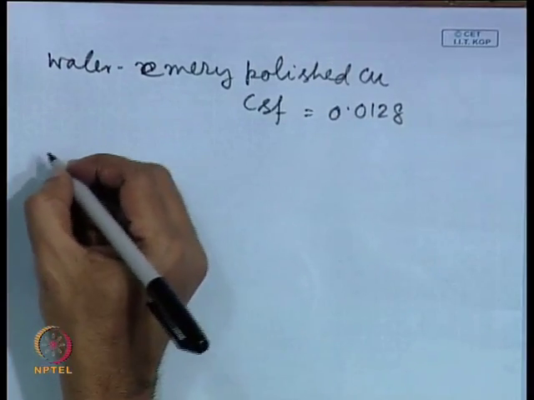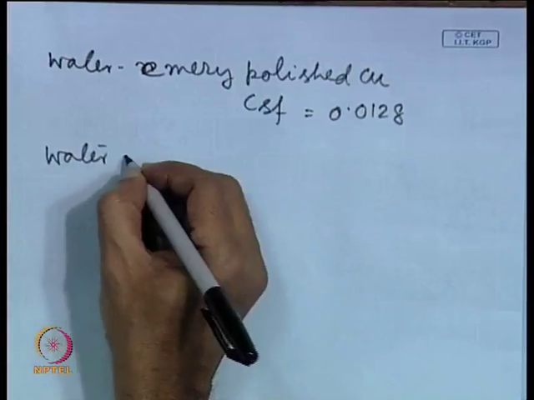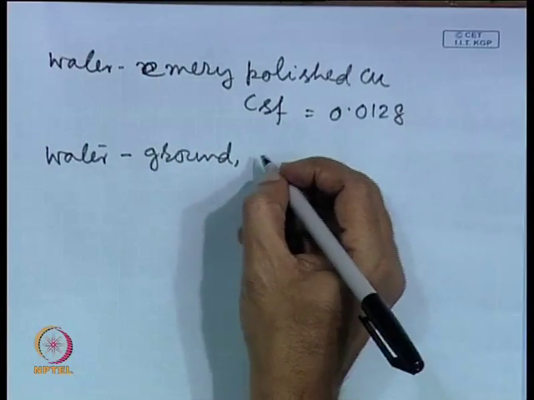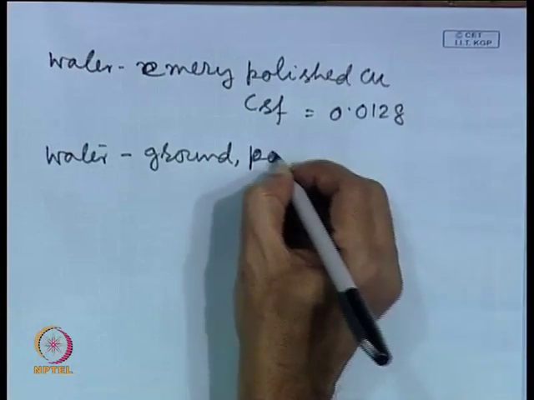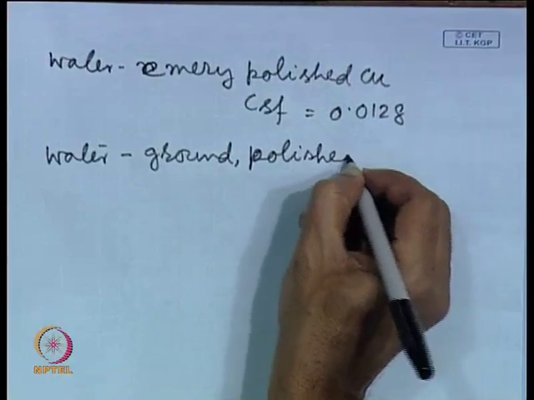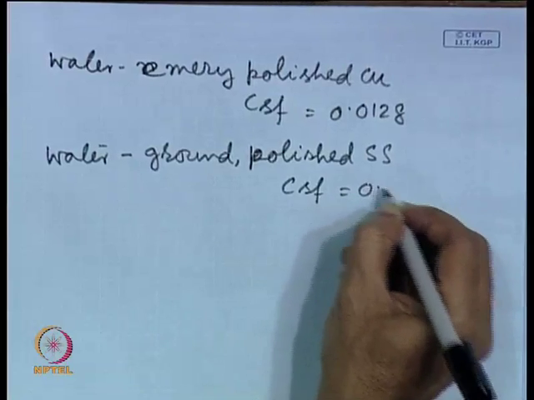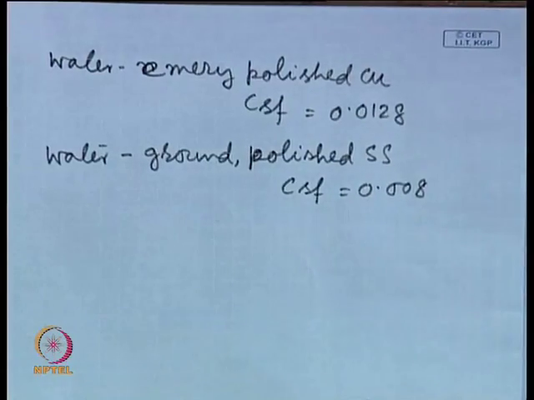And let us say we have water and ground and emery polished stainless steel, C_SF will be 0.008. So, you see that there is a range within which C_SF varies, and we will have a list of liquid and solid combinations for which C_SF is given.